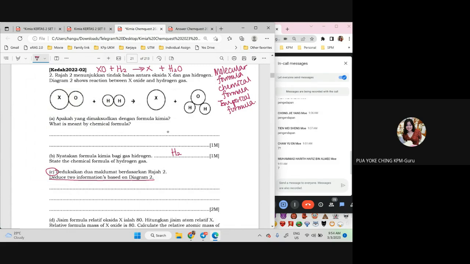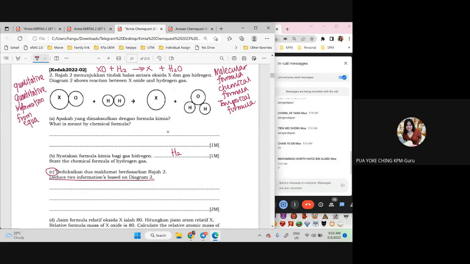Kalau sebelum ini, soalannya ialah, okay, dia bagi persamaan kimia, dia tanya apa qualitative dan quantitative informations from the equation.